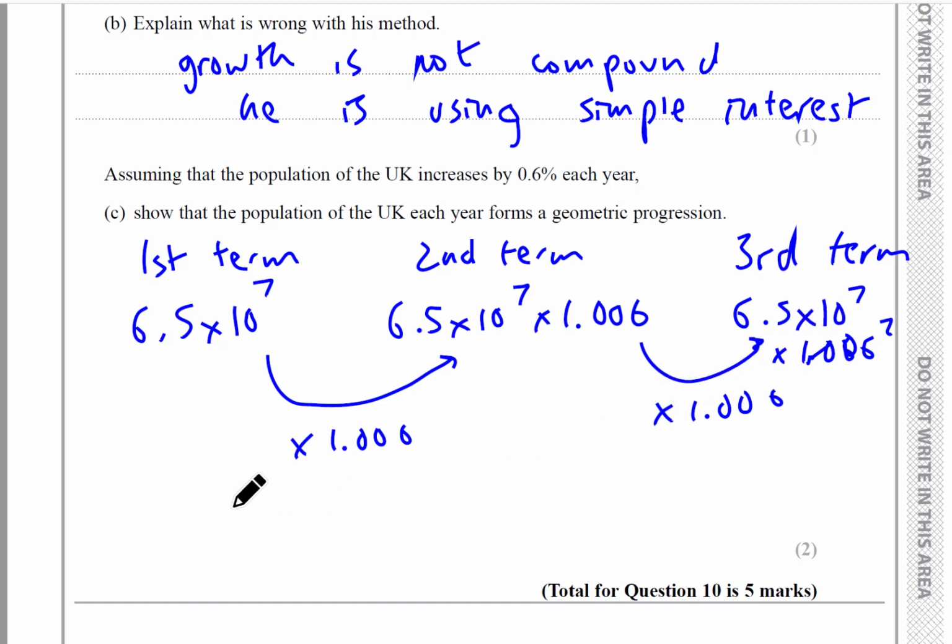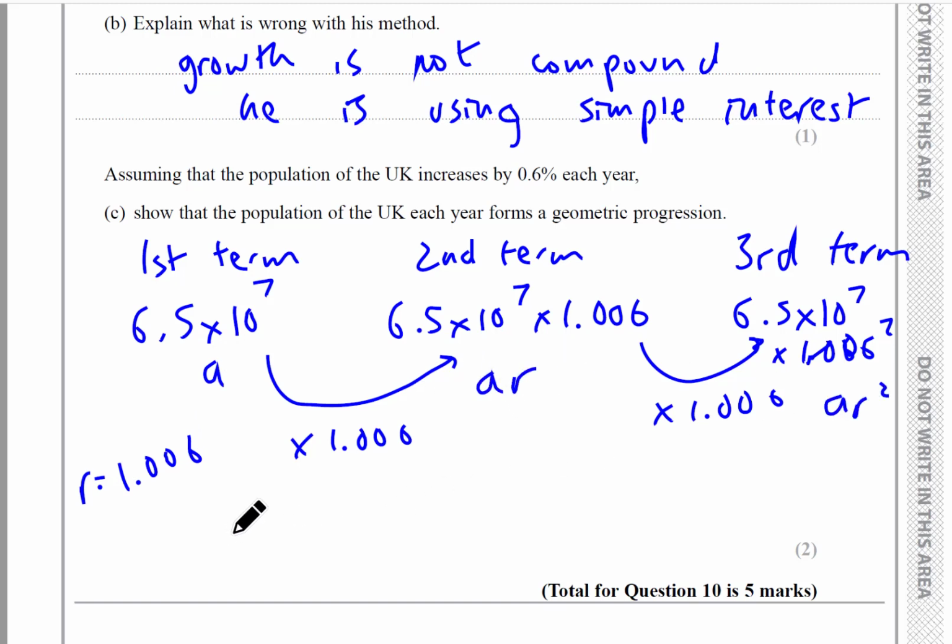And you should basically explain that, or you can say the common ratio. The ratio of multiplication equals 1.006, because this is A, and then you're going to get AR, then AR squared.